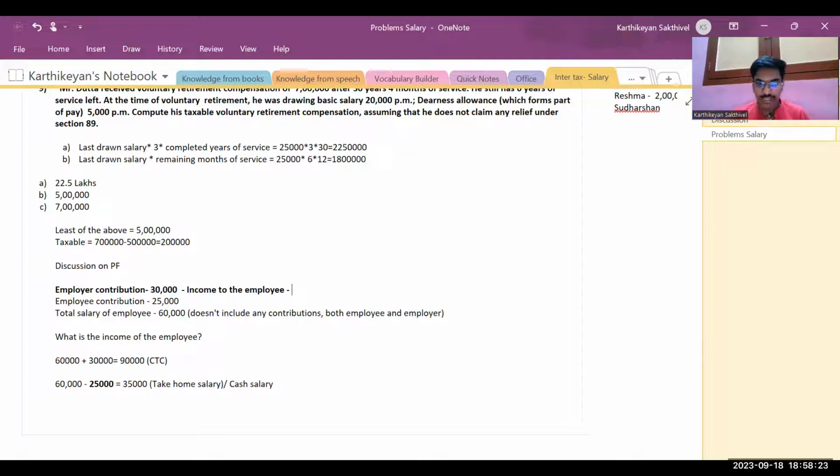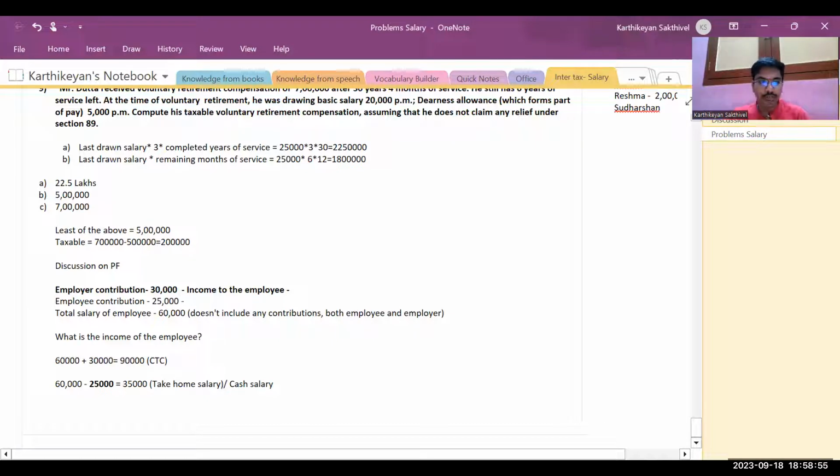For one simple reason: in the employee contribution, what did we say? Employer, you have to give me 60,000, and out of that 60,000, put 25,000 into my account. Correct? Yes, sir. What happens in the employer's contribution is that the employer takes 30,000 from his pocket and puts it in my account. So the 30,000 which he takes from his pocket and puts in my account is my income.